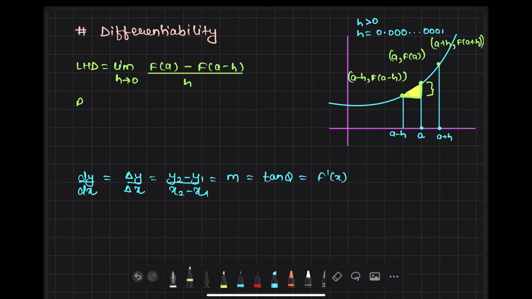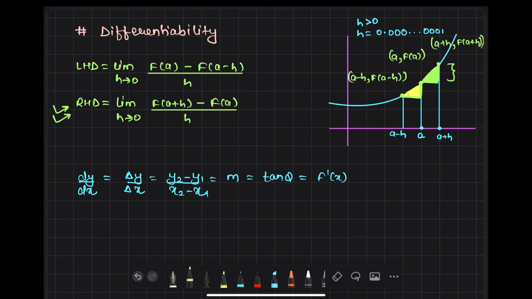If I talk about RHD, you have to take another triangle after A, this triangle I am talking about. It will also be approximately the same. So it is limit h tends to 0, change in y, that is, f of a plus h minus f of a by h. We will be exploiting this idea.